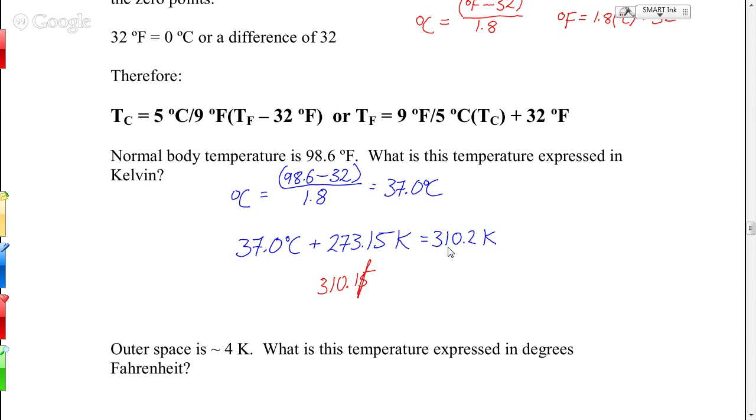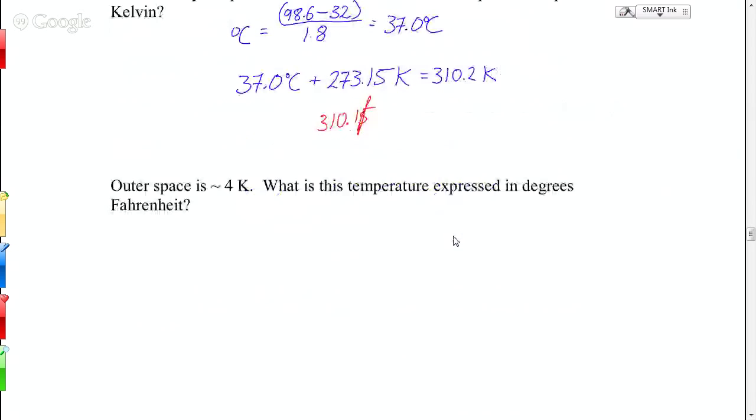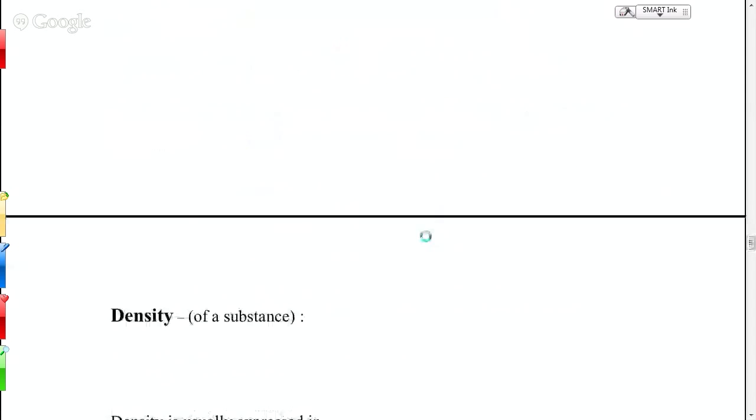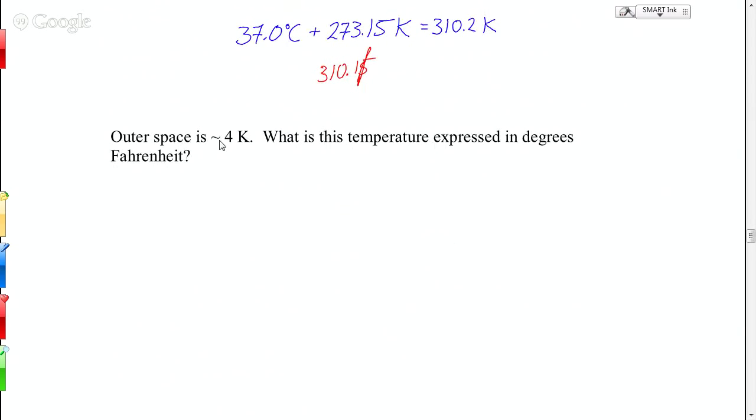See that? All right, try this one on your own. And that'll be the last thing we do today. Outer space is about 4 K. What is this temperature expressed in degrees Fahrenheit?